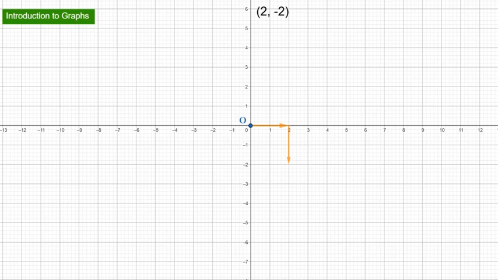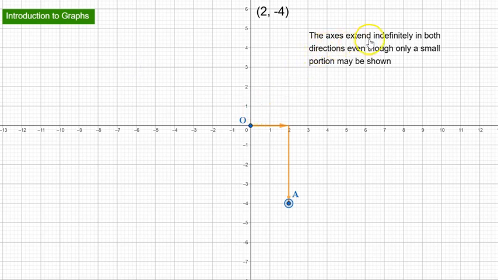Then this point A is the point which is addressed by (2, -2). As we move this point, the addresses are given there. So this is (5, 1). This is (3, -2), (-2, -4), and (-6, 3).